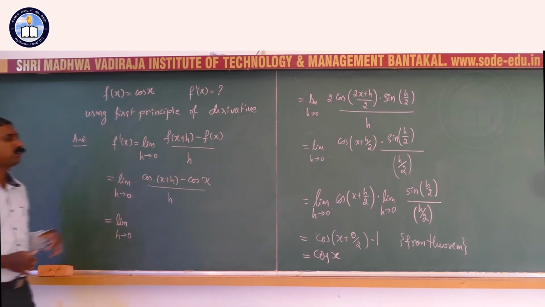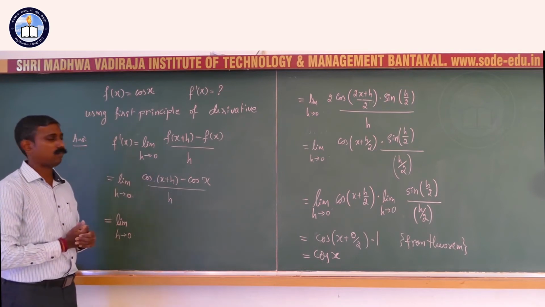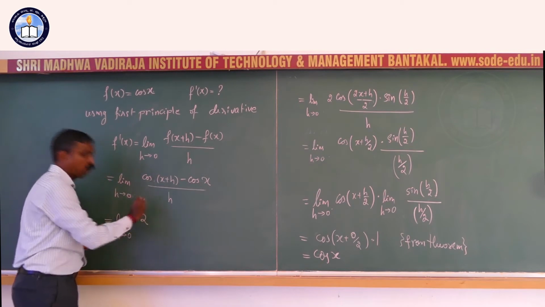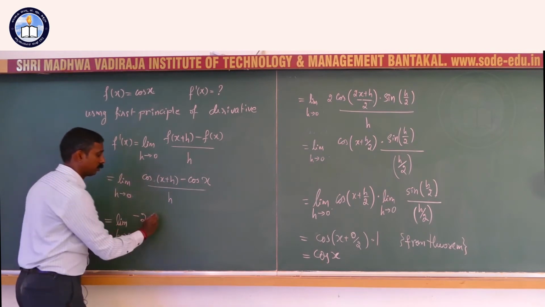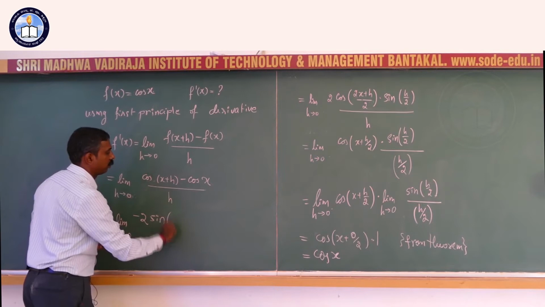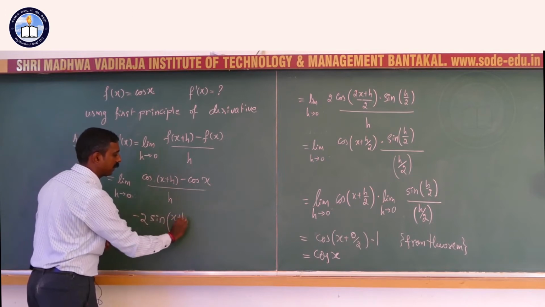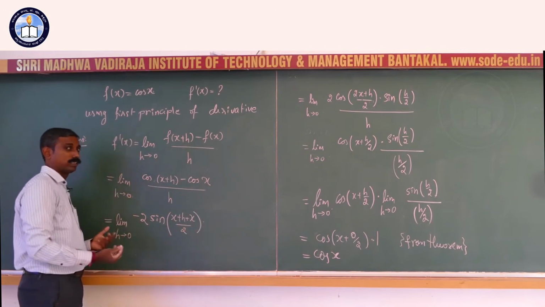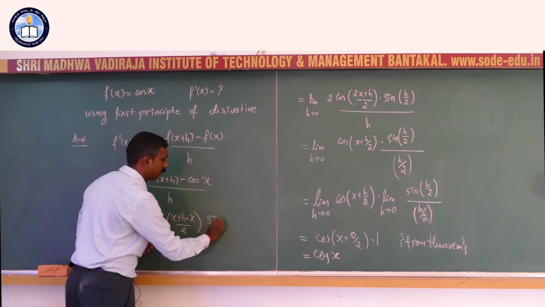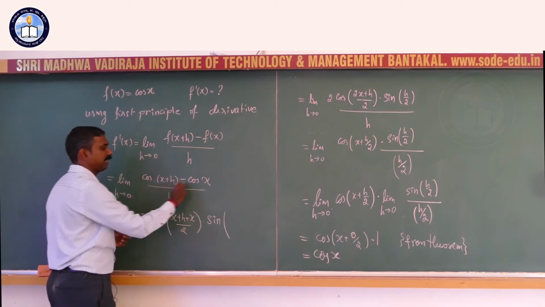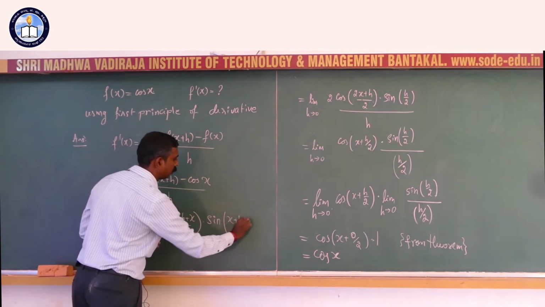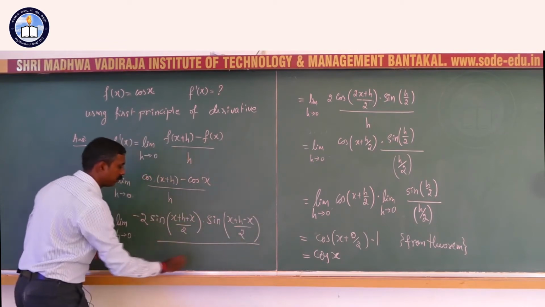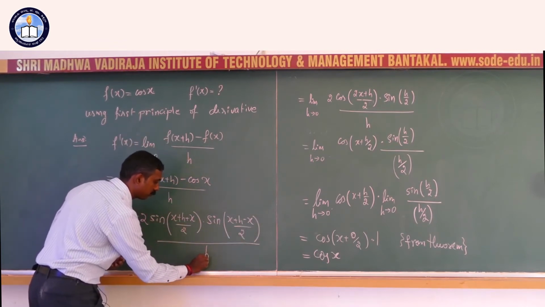Now, this is a cos difference. What is the cos difference? It has a negative sign. That is how I remember it: minus 2 sin of this plus this by 2, so x plus h plus x divided by 2, into sin of x plus h minus x divided by 2, whole divided by h.